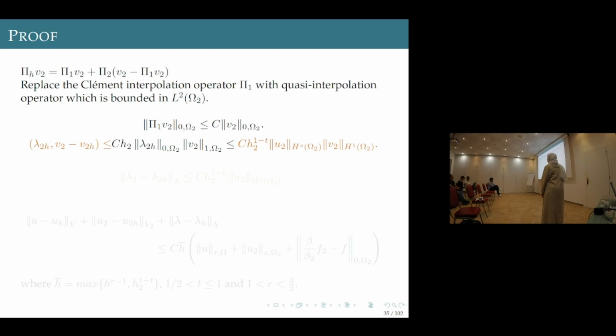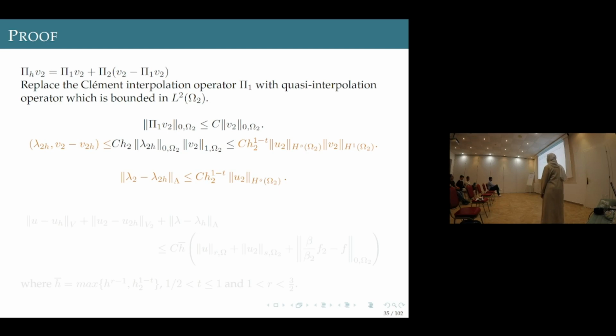So we can replace the norm of pi H of V2 by the L2 norm of V2, and they cancel each other. Putting things together, the dual norm of lambda 2 minus lambda 2H is bounded by H2 to the 1 minus T times the HS norm of U2.